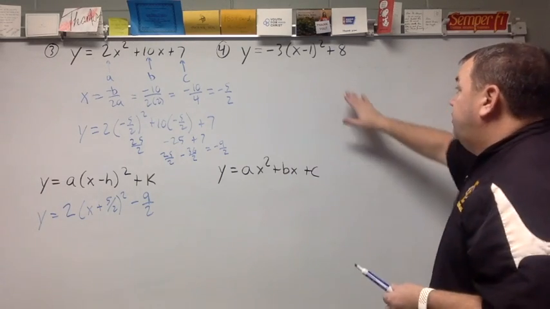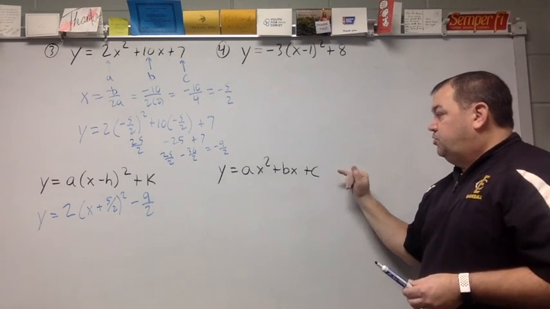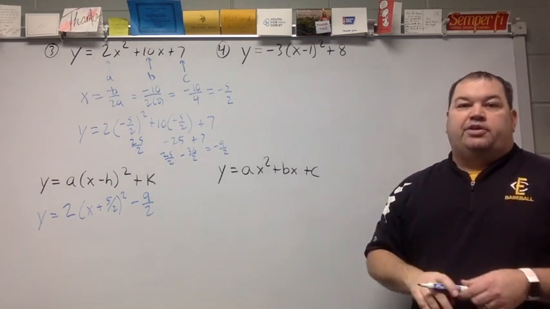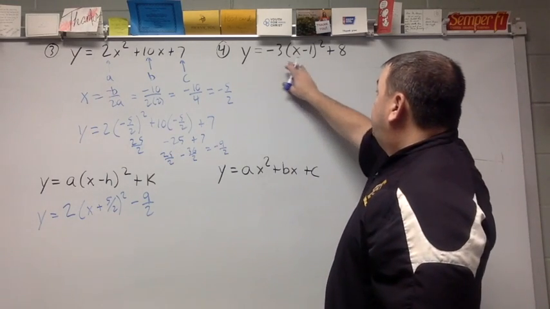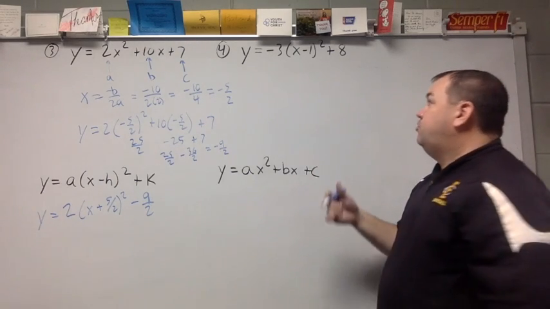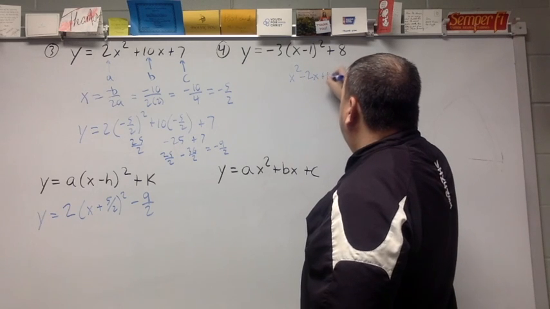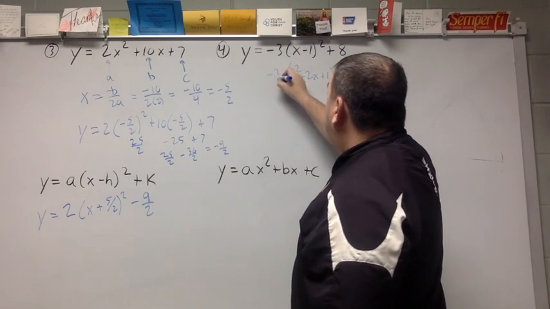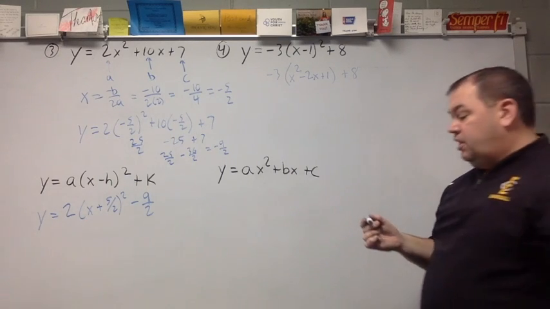Now, conversely, if they give me something in vertex form and say put it into standard form, the calculations are a little different. Some algebra skills here. First, I'm going to square this out. Some of us FOIL, some of us box, however you do this, but you end up with an x squared minus 2x plus a 1 and a negative 3 that needs to be distributed in.